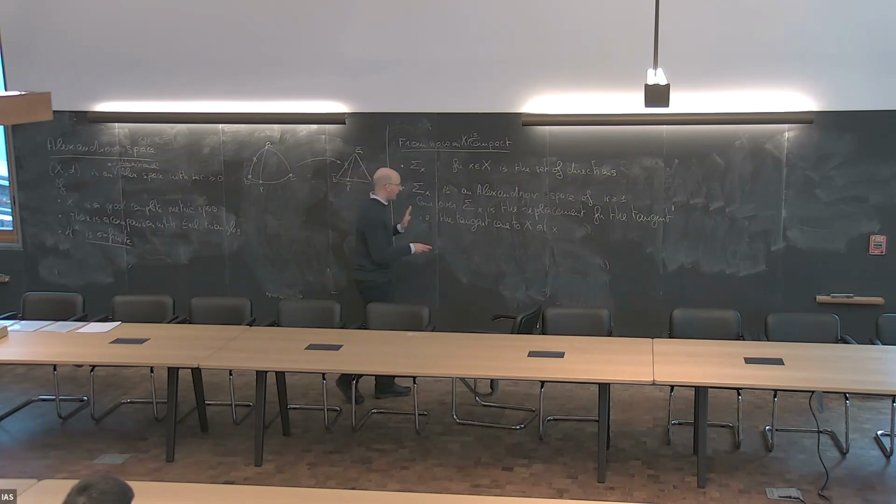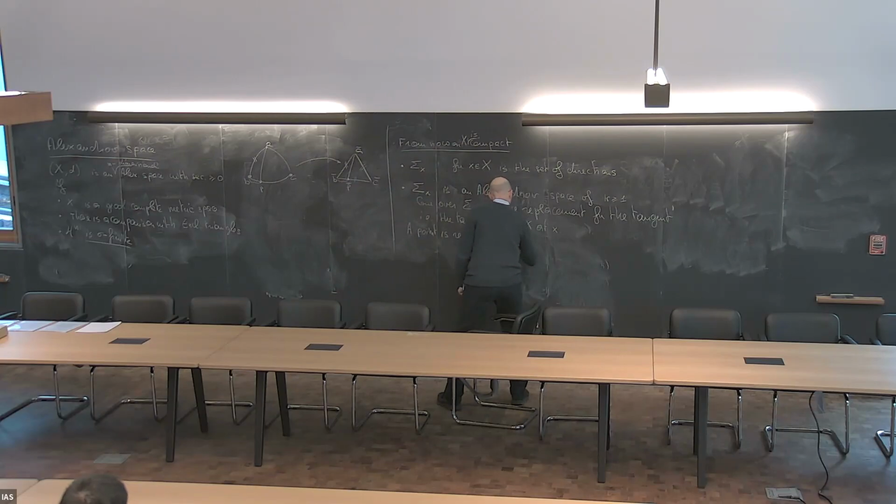And these are, in some sense, the regular points. So a point is regular if sigma x is actually say the n-1 dimensional sphere with the standard metric.